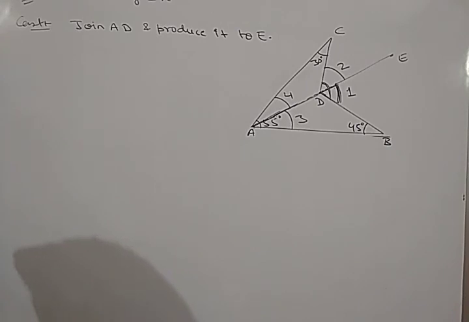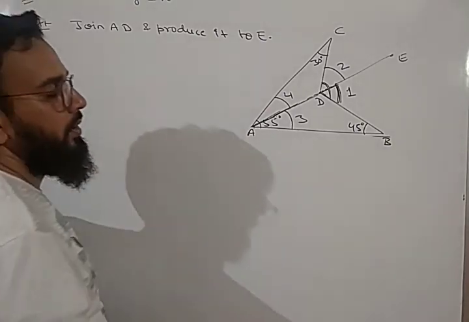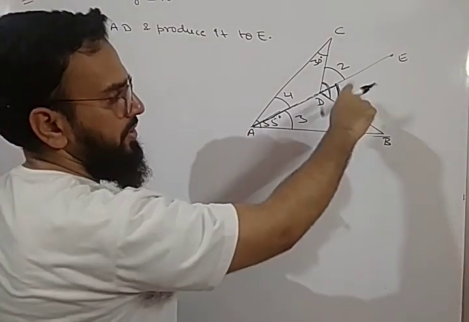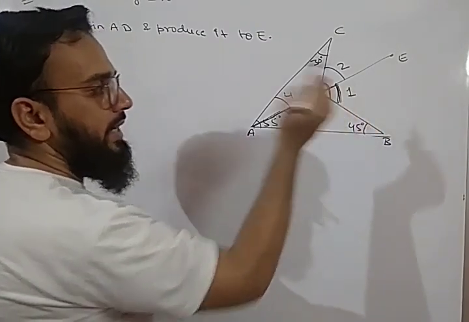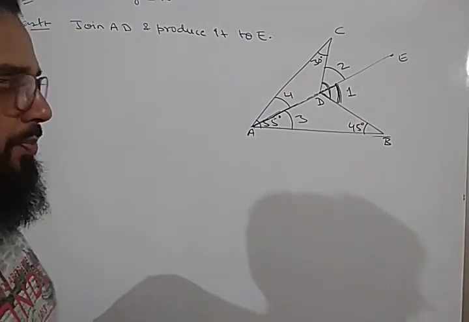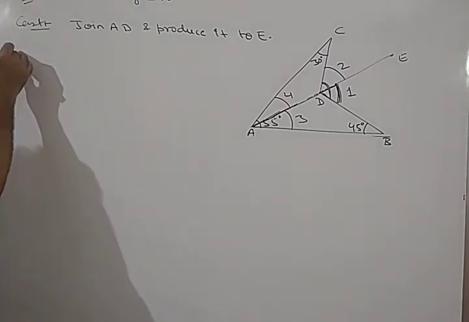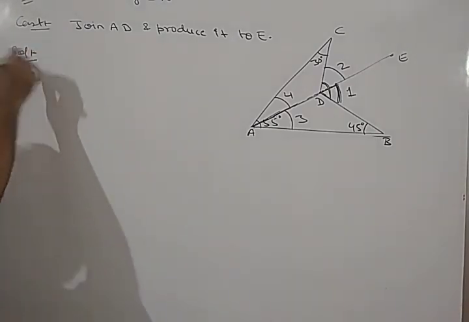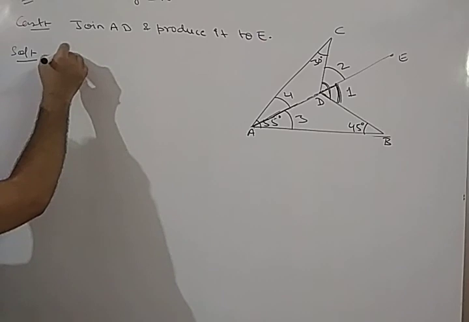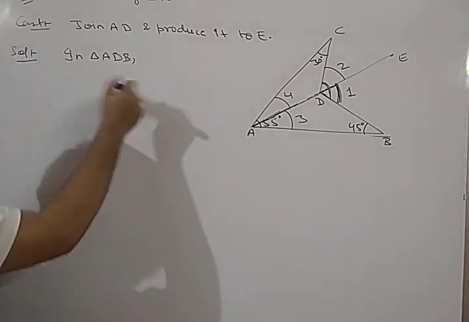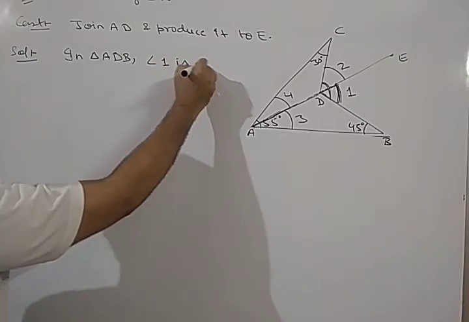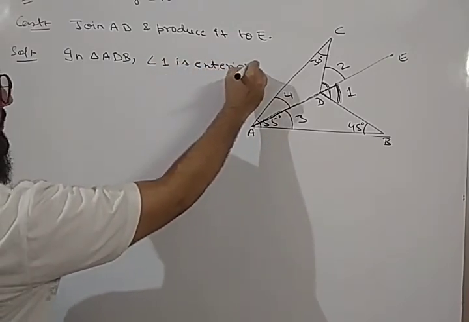So now what will happen? This is exterior angle. So if we use the exterior angle property, angle 1 will be equal to angle 3 plus angle 4. Let us start the solution.